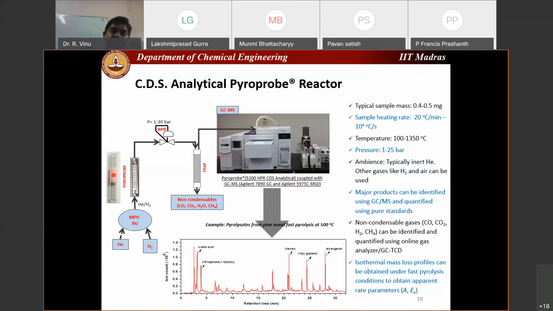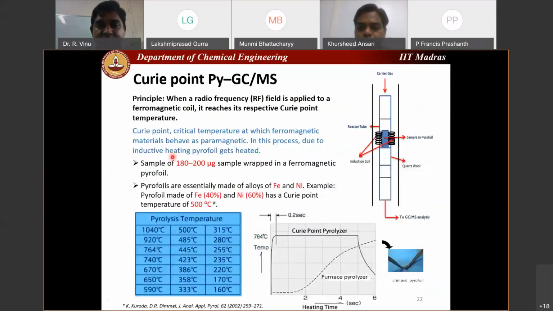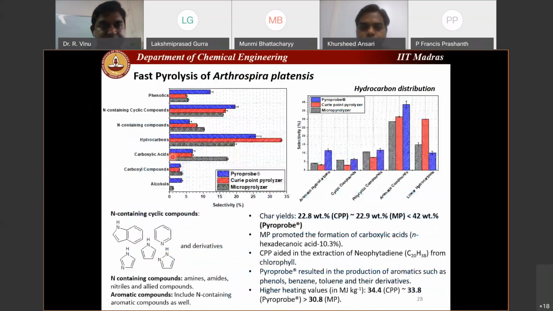And another thing is the heating rate is not as fast as in a Frontier micropyrolyzer or a Curie point pyrolyzer. As a result, the vapors have to go through a lot of stainless steel heated transfer lines in the pyro probe, which I think is a reason for the typical secondary reactions occurring in it.